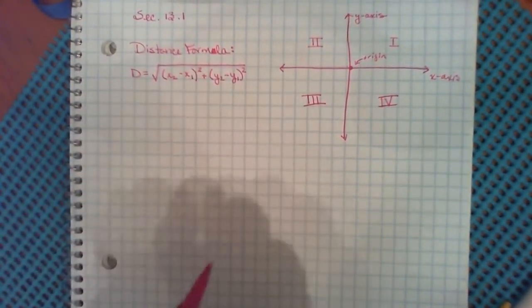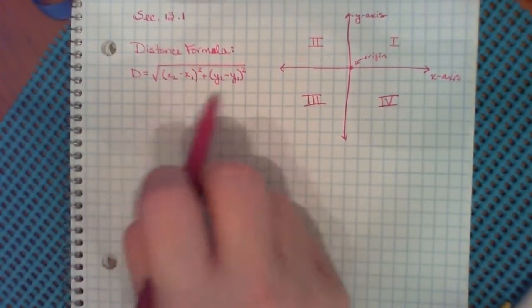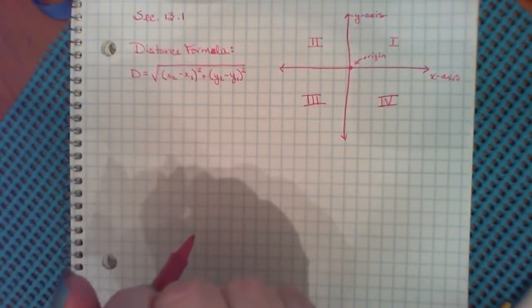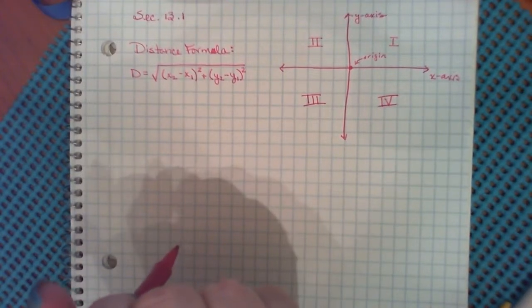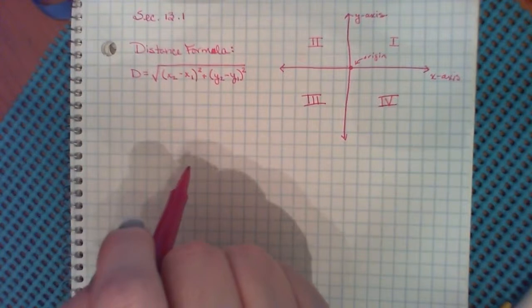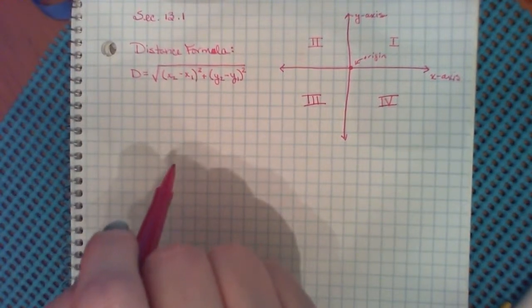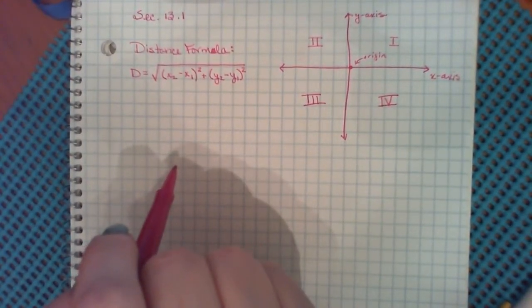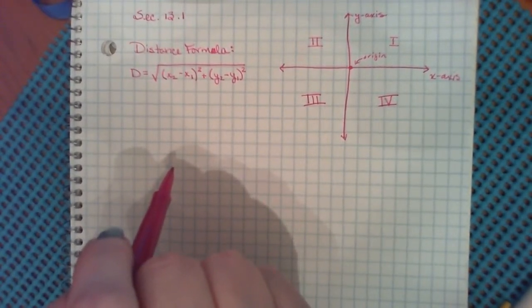Now the thing about the distance formula is that it's derived partly from our formula for slope. We'll get to that a little bit later. And because of that, it keeps coming up over and over again in math. So it's really not bad for you to get it memorized at all.